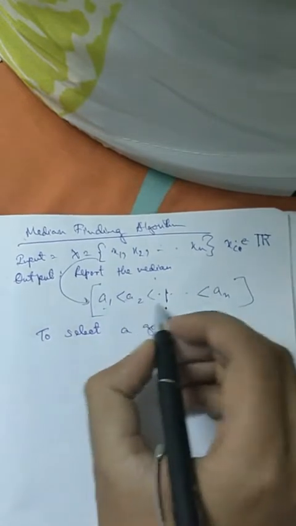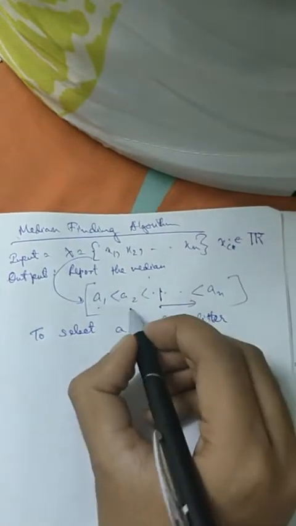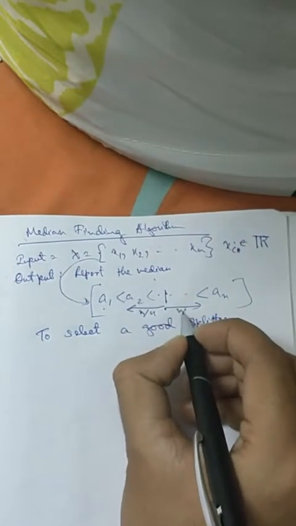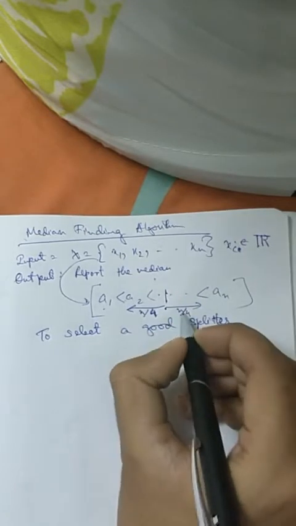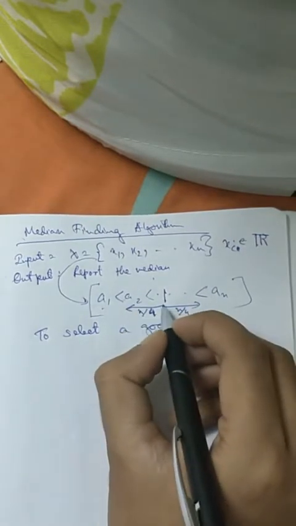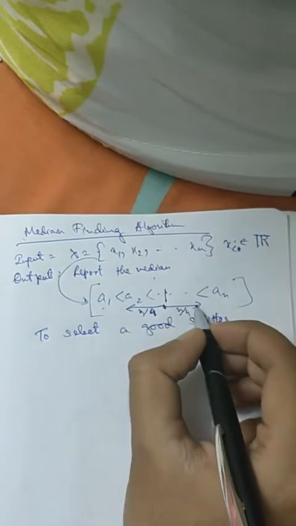The splitter should be among this region, n by 4 from the middle on one side and n by 4 on the other.